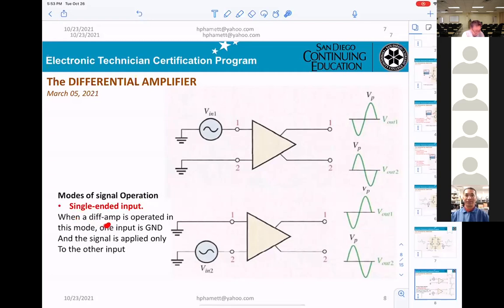When a differential amplifier is operated in this mode, one input is grounded, and the signal is applied only to the other input. Okay, so is it clear to you on this one? Or any question?